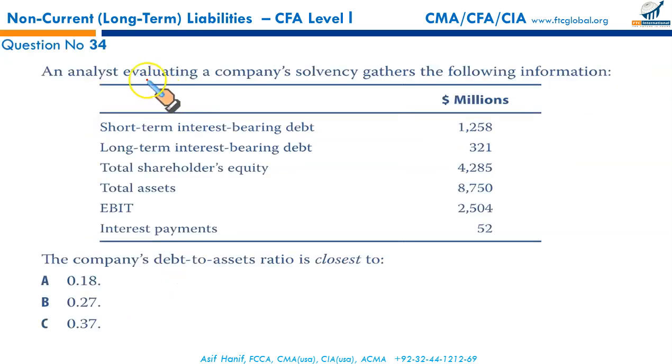An analyst evaluating a company's solvency gathers the following information: short-term debt, long-term debt, total shareholders' equity, total assets, EBIT, interest payments. What are we required to calculate? Debt to assets.